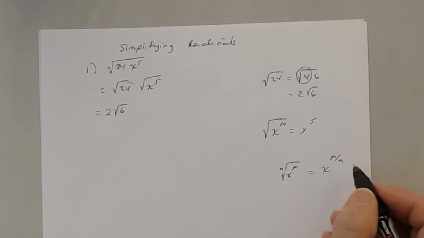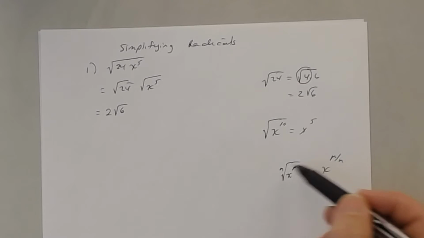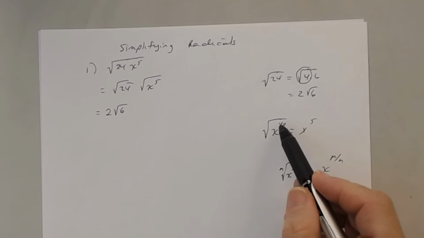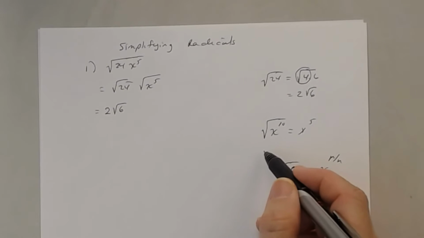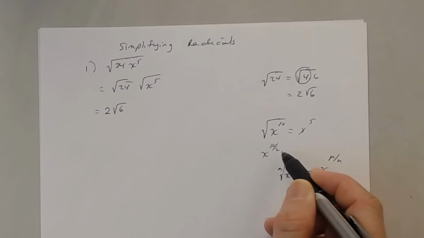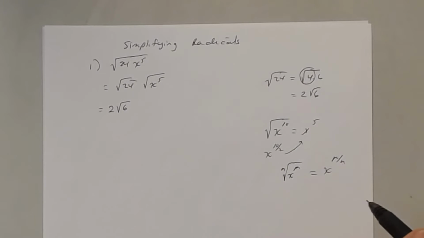Remember that? So your n was your index. So basically you said 10, your exponent, divided by the index 2 is just 5. Because this is really x to the 10 divided by 2, which is this.